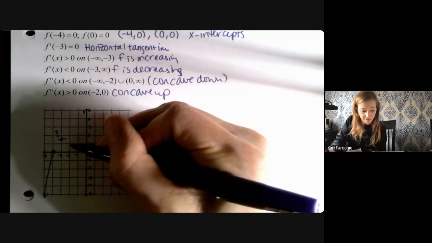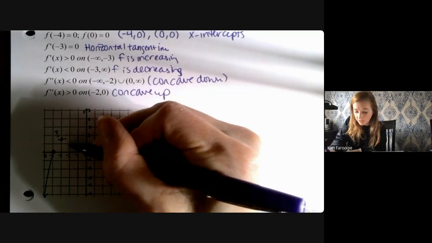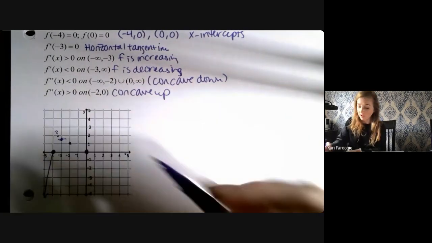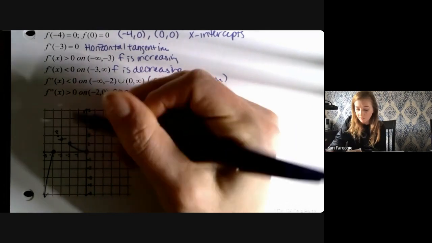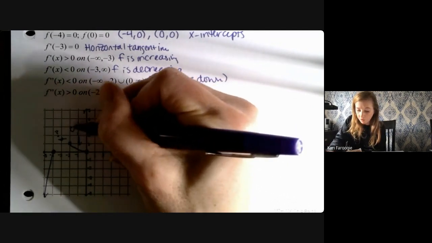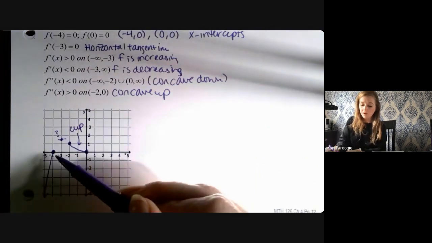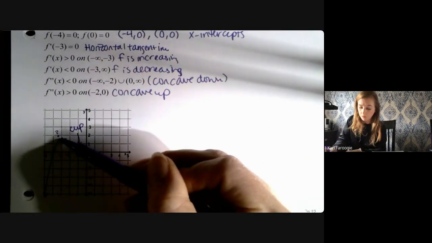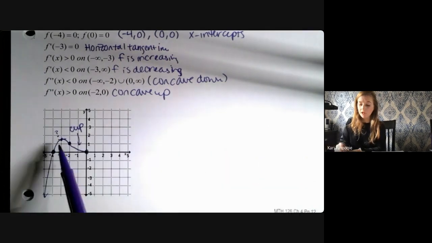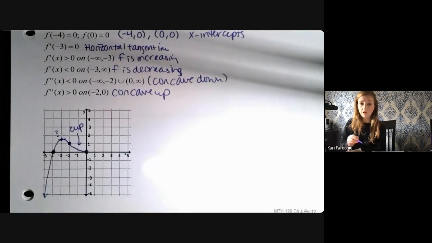So something is happening. We don't exactly know what, but you are going to just attempt to make a graph that matches this data. So this is going to be your cup, concave up, and concave down all the way up to -2. Now, again, this y value here at -3, we don't exactly know where it is.